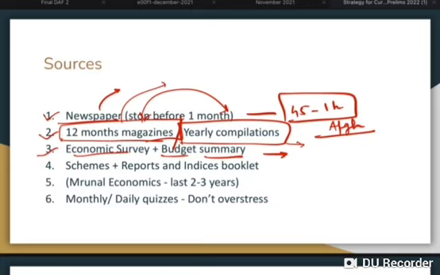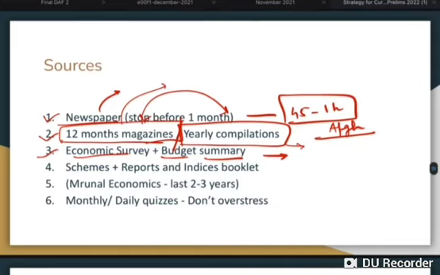For example, there might be a statement that India's external trade is highest with Bangladesh in South Asia, then Nepal. And UPSC actually gave a statement last year that India's trade is highest with Nepal in South Asia, which is not true. These types of questions can be solved from the economic survey and budget summary.